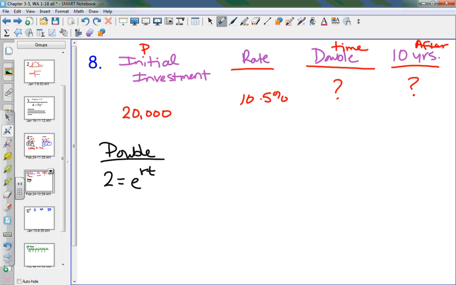Do y'all understand that? So how do I find this? Well, I need to plug in what my R is. My R is going to be 0.105 T. T, I don't know. So how do I solve this for T? What do I do?